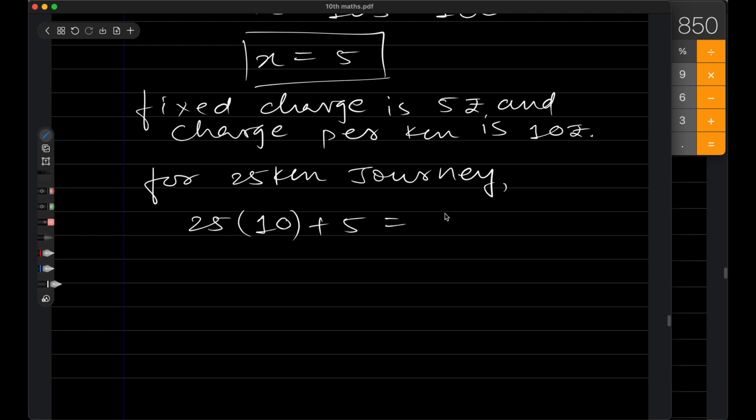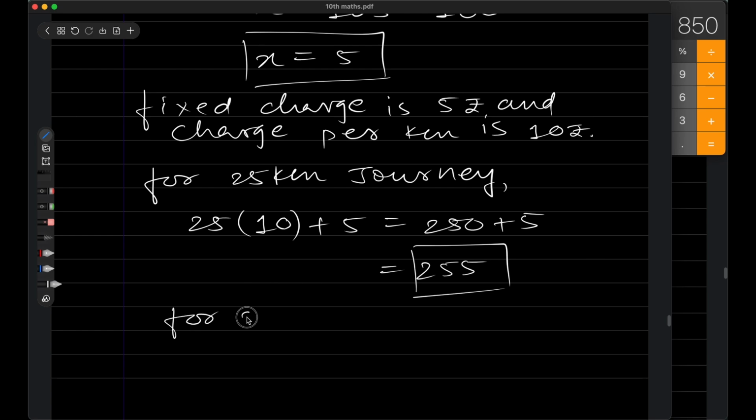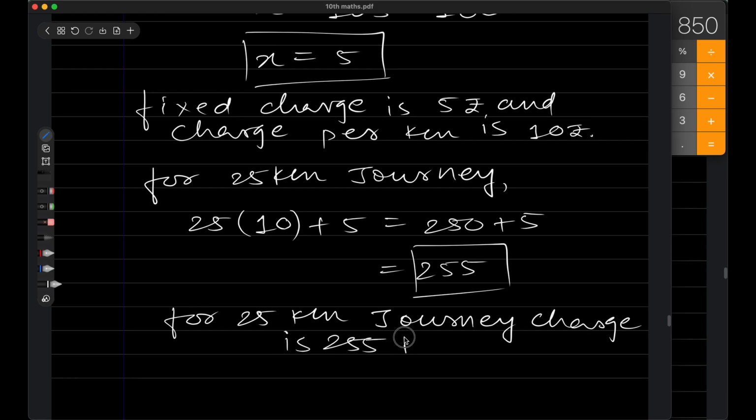We will get 25 into 10, 250, plus the fixed charge 5. We will get 255 for 25 kilometer of journey. For 25 kilometer journey, total charge is 255 rupees.